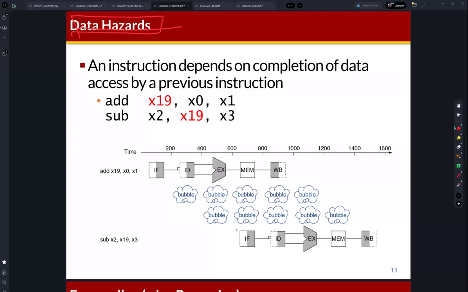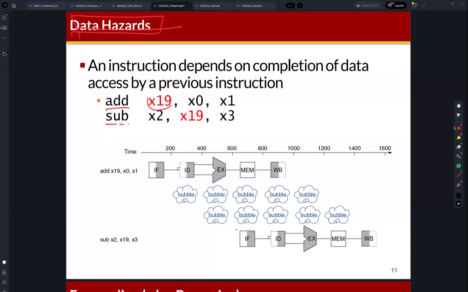Then what are data hazards? Data hazards are caused by, as I mentioned, data dependencies. Then what is a data dependency? Like this, you can find the add instruction here and the sub instruction here.